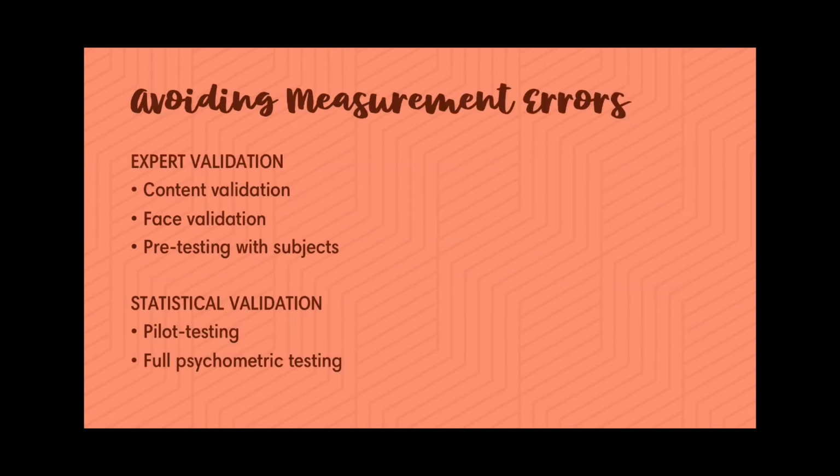Now, what are some of the ways that we can avoid measurement errors? The ones that are most feasible, this is not a complete list, but this is what we usually practice at our level, is a process called expert or member validation, wherein we ask people who are knowledgeable on the subject matter or the variables that we want to measure to take a look at the indicators that we are including in our Likert scales.